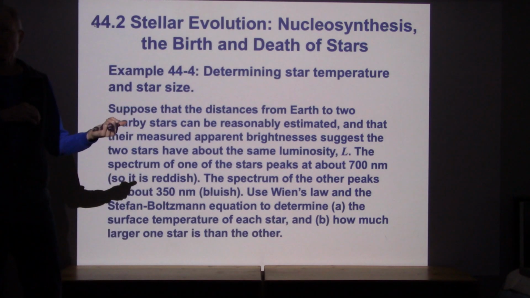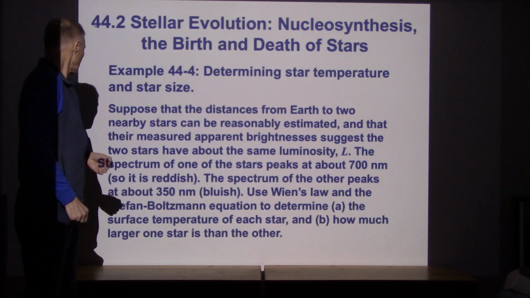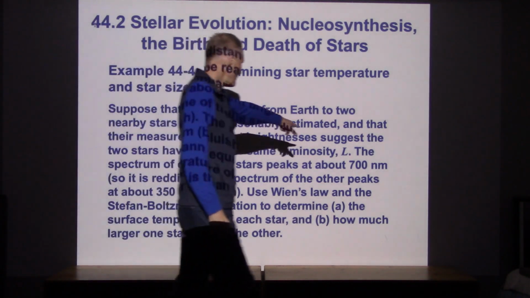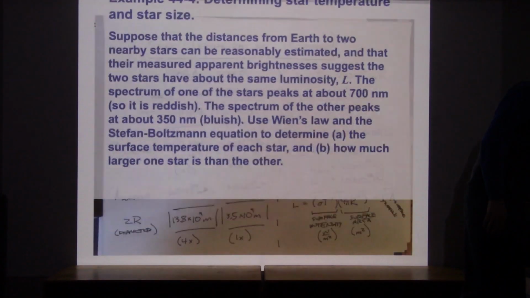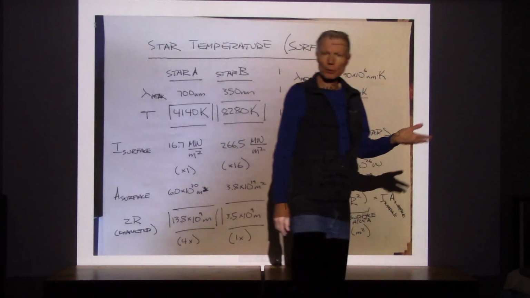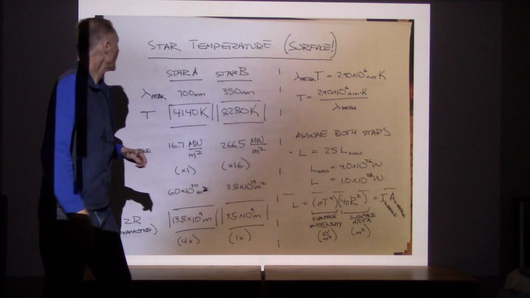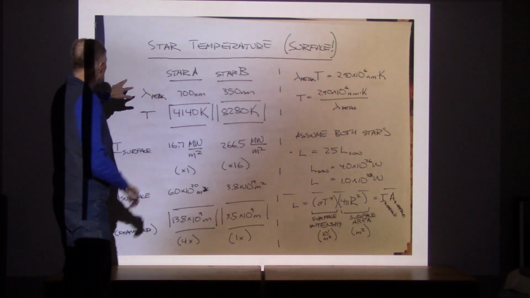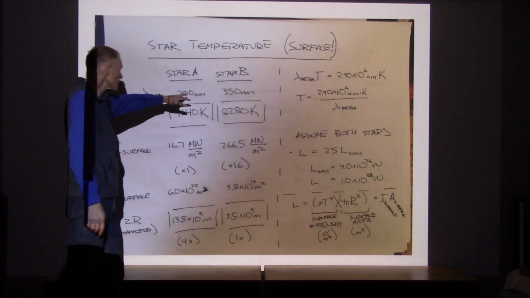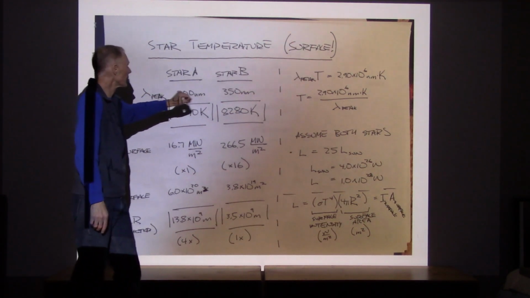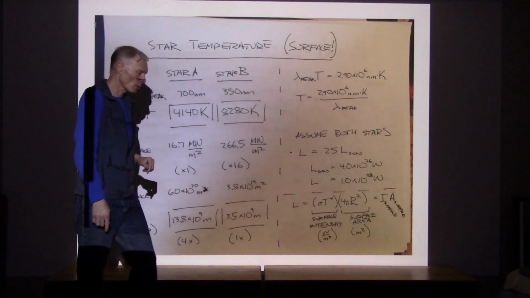So that's off into the ultraviolet. And the peak wavelength here is just kind of at the far red end of the spectrum. So let's see what kind of properties for these stars we can come up with. So here they are, star A, star B. These are the numbers that they gave us. So that's the given information: 700 nanometers for a peak wavelength, 350 nanometers for peak wavelength.